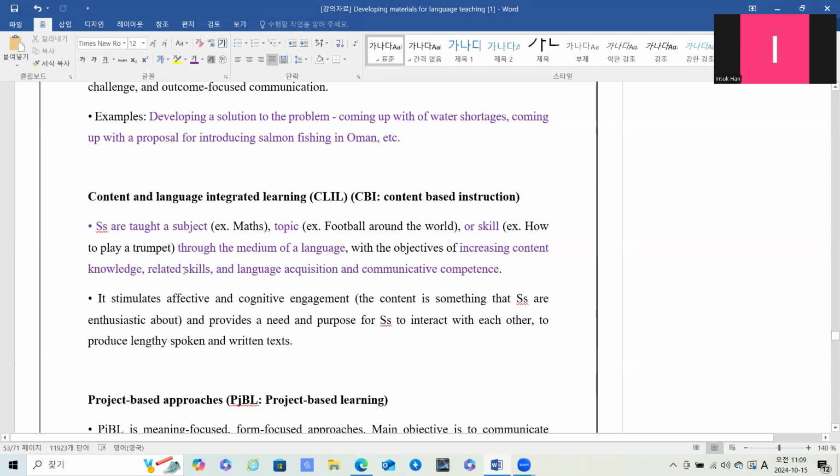But while they learn about the subject, they do not focus on the linguistic structures of the language. They usually focus more on the content or subject topic, with the objective of increasing content knowledge, related skills, language acquisition, and communicative competence.